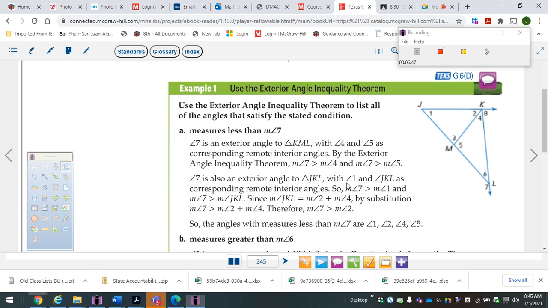So angle 1 and angle JKL, which happens to be these 2 and 4 together, are remote interior angles. So the measure of angle 7 is greater than angle 1, makes sense, and the measure of angle 7 is greater than the measure of JKL, the other remote interior angle. Pretty cool, or what?